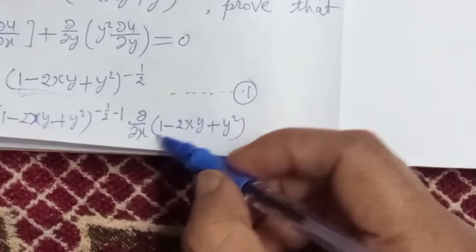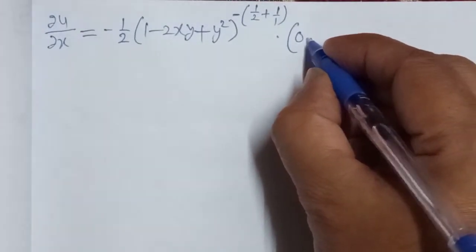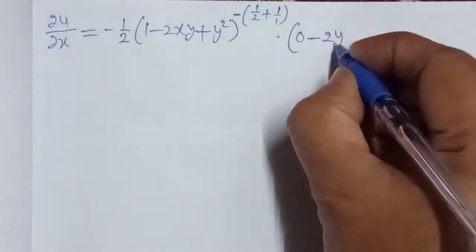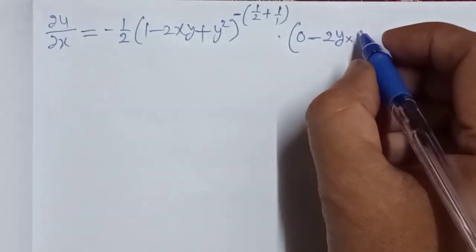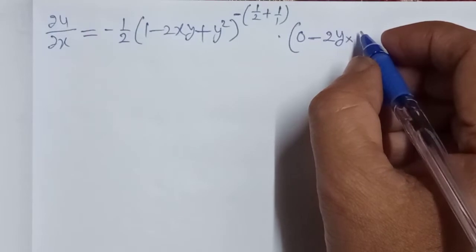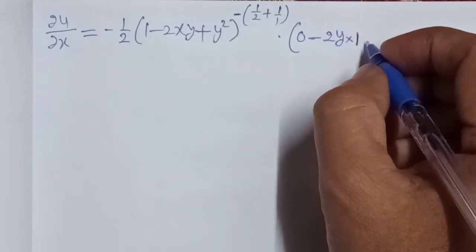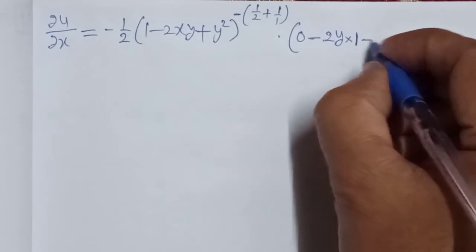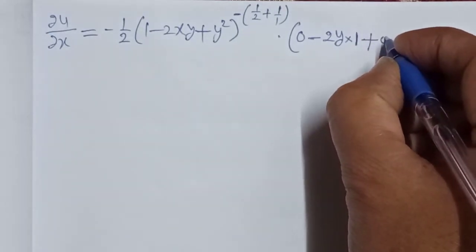Differentiate this value. Differentiation of 1 with respect to x is equal to 0, and for minus 2xy, 2y is constant, so take out 2y as a coefficient and differentiate x with respect to x, and also differentiation of y square is equal to 0 because y is constant for x.